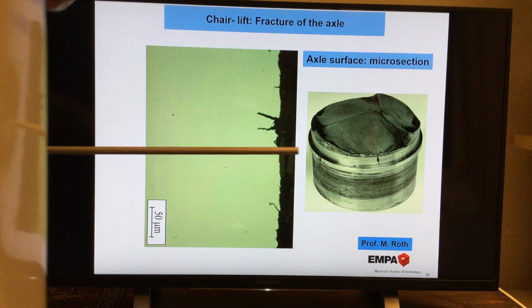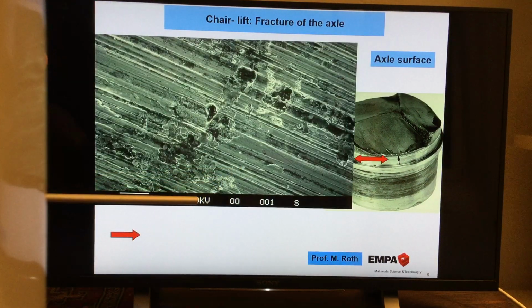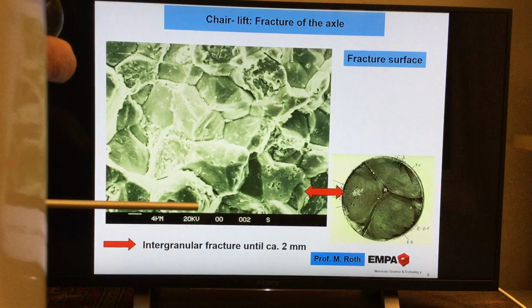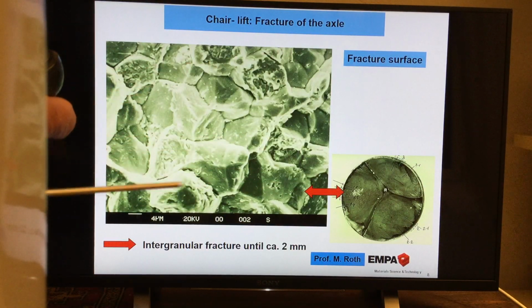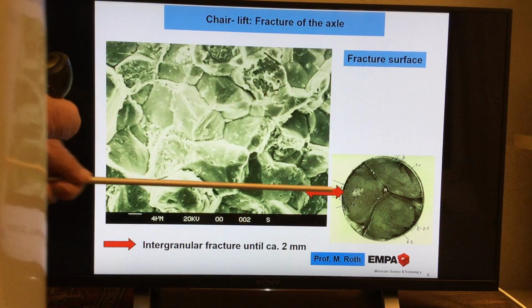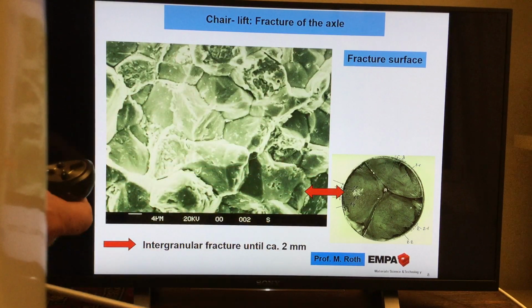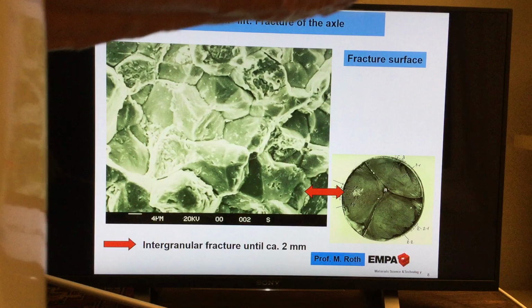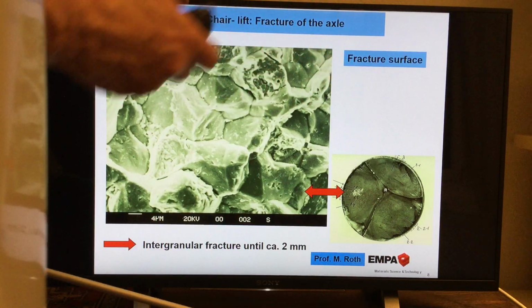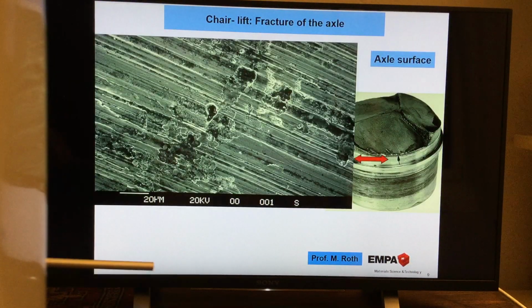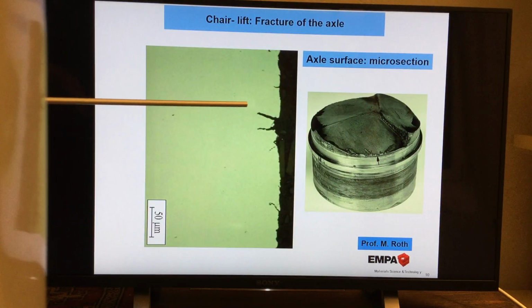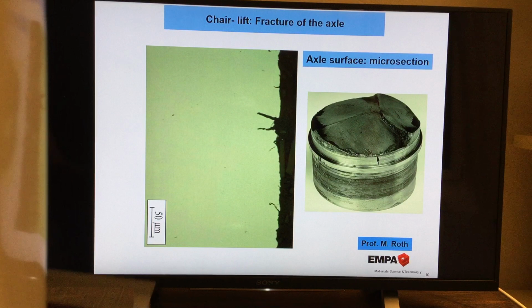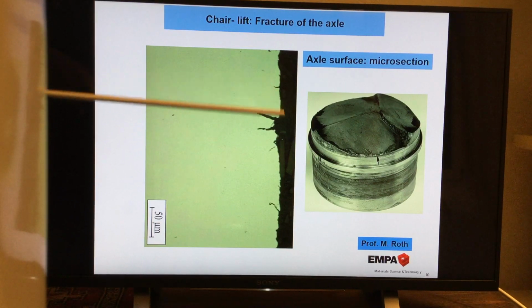And obviously, we remember that story before: at a depth of 2 millimeters, this is an intergranular fracture due to corrosion, and beyond that the mechanical part will be higher, and the crack growth will be dominated by mechanical stress. But this is very much deeper, so that's the initial start.